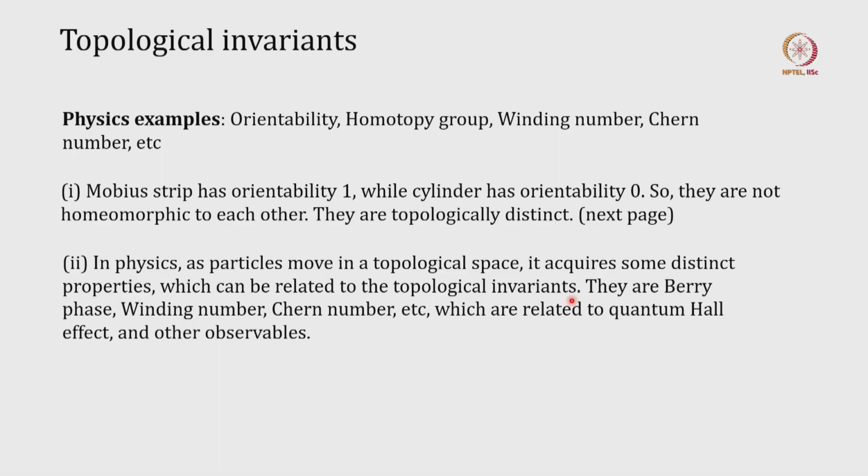So, it does not depend on any small changes. And there are things like Berry phase, winding number, Chern number, etc., which are related to something that we can measure, like the quantum Hall effect and other observables that we will talk about.